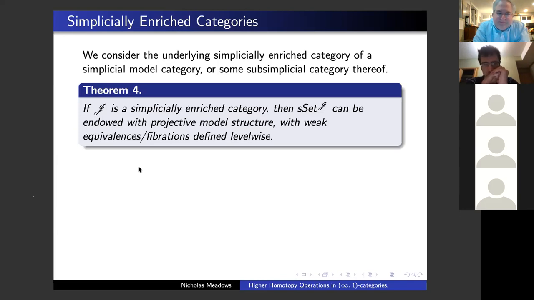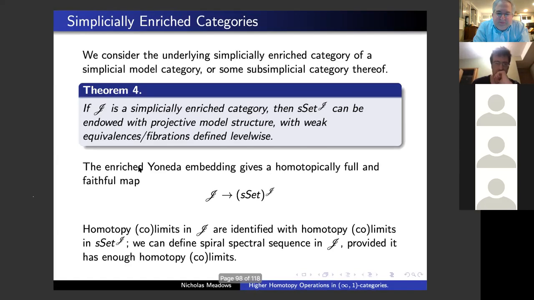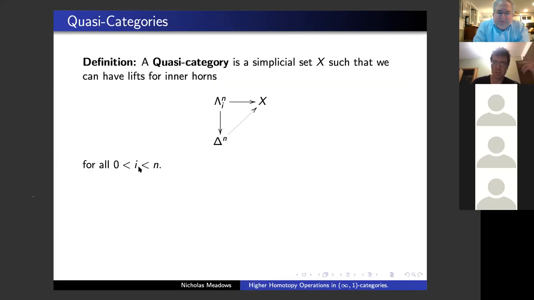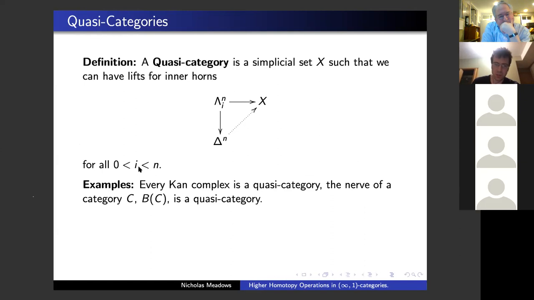Okay, so I'll talk about quasi-categories now. A quasi-category is a simplicial set such that we can find lifts for all inner horns. Every Kan complex is a quasi-category. And the nerve of a category, which I defined before, is also a quasi-category.